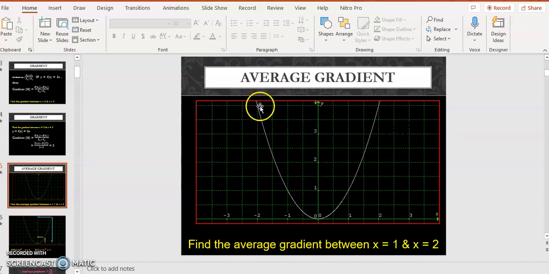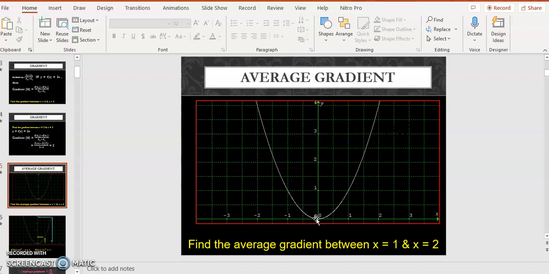A point here and a point here will give you a different gradient, and a point here and a point here will also give you different gradients. So we have a lot of gradients here. What we need to do is use one gradient to represent all the gradients. That's why we find the average gradient. How do you find the average gradient? It's not difficult. It's similar to finding normal gradients that we are used to.